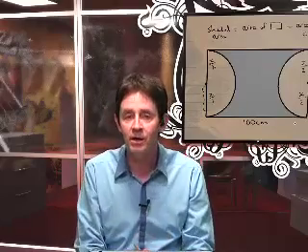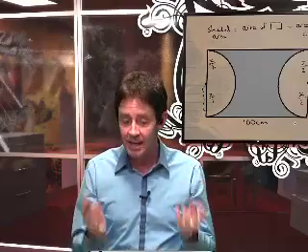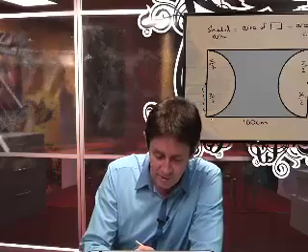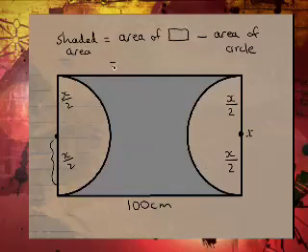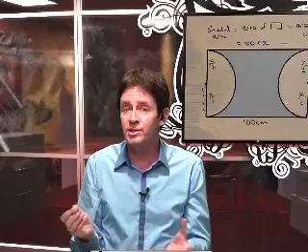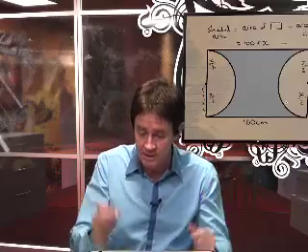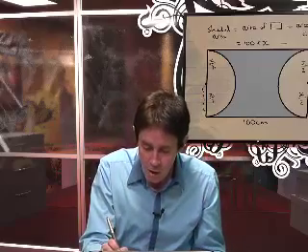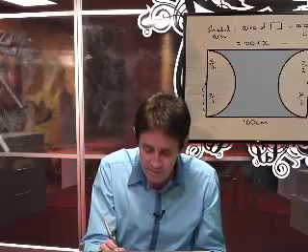Okay, what do you do here now? What is the area of a rectangle? Length times breadth. So the area of this is going to be length times the breadth, 100x. Now the area of the circle, which is made up of the two semicircles, what's the area formula? Pi r squared is the area of a full circle.